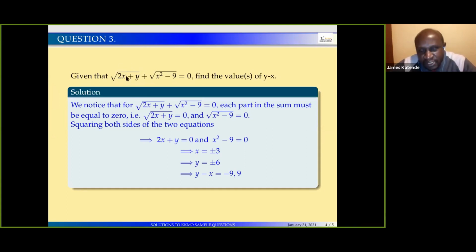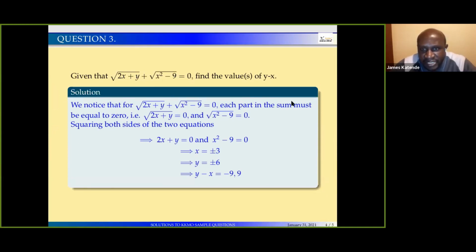It doesn't have to be just positive. So 0 is a possibility. They are not just the positive square roots, 0 is included as well. But the only possibility you can have here is that both of them must be 0, because if you're adding any two numbers and they are not negative numbers and you get 0, then the only option is that both of them must be equal to 0.